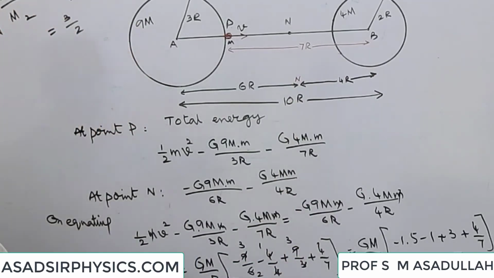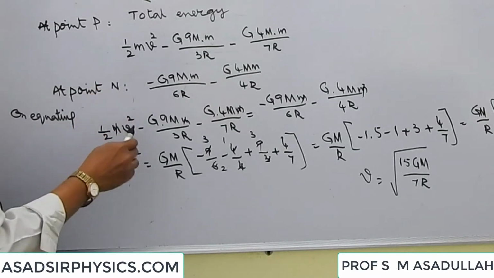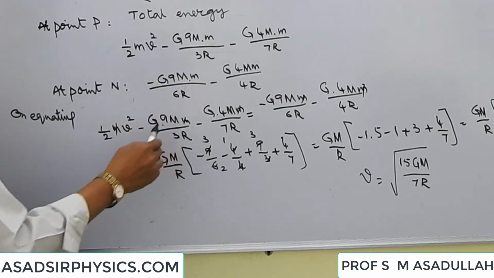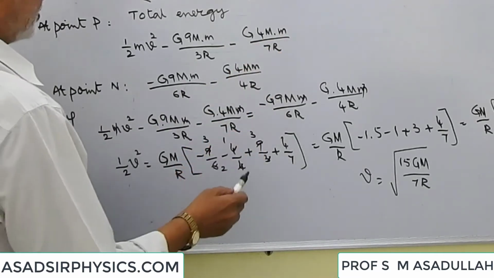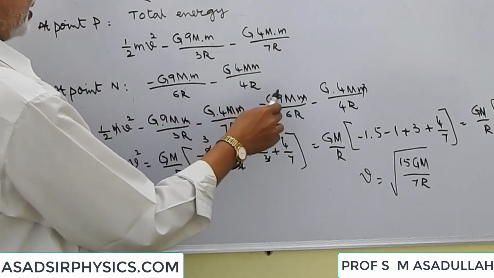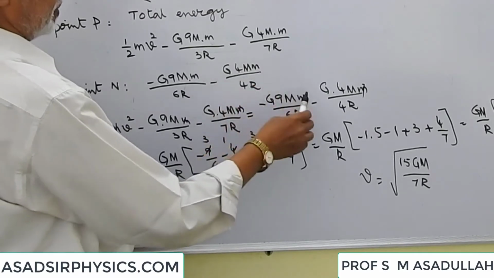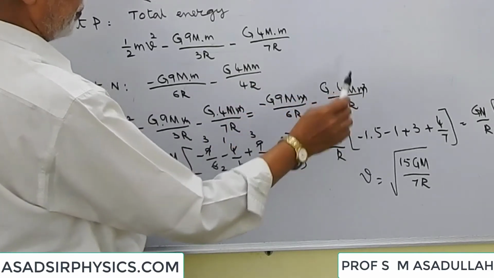On equating these two, half mv square minus G 9m into m by 3r minus G 4m into m by 7r is equal to minus G 9m into m by 6r minus G 4m into m by 4r.